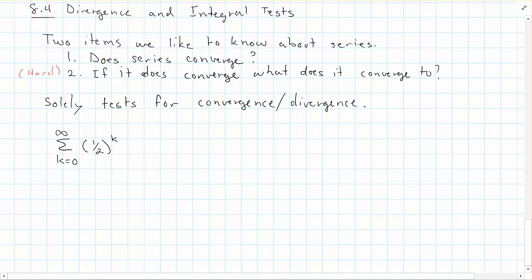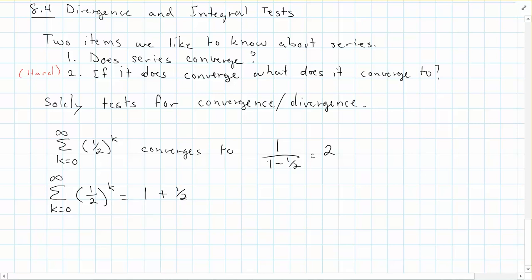We know this series converges to 1 over 1 minus 1/2, which is equal to 2. But I'm going to write out the terms here, which would be 1 plus 1/2 plus 1/4 plus 1/8, and so on and so on.